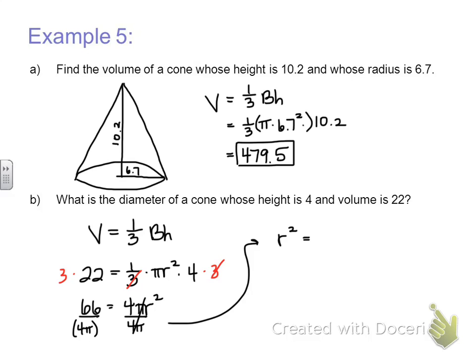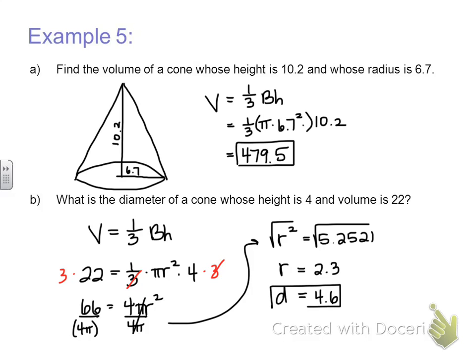Okay, so 5.2521, and then all we have to do is square root it to the nearest tenth. What do you get? 2.3. Ultimately, I asked for your diameter. What's it going to be? Double it is 4.6. Very good. And you're done.